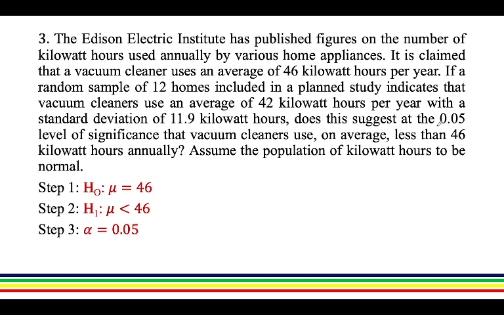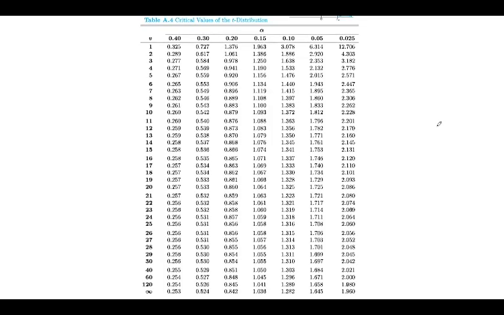Since we are focusing on the t-test, we will be using Table A.4, or the critical values of the t distribution. From the given alpha of 0.05 and the number of samples of 12, we can get the value of t at the critical region.